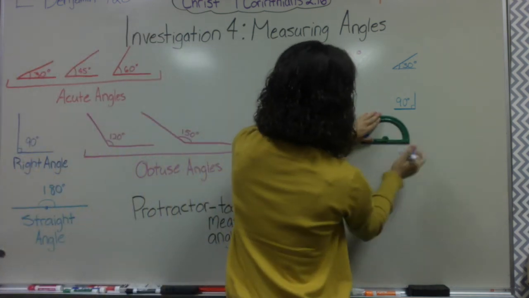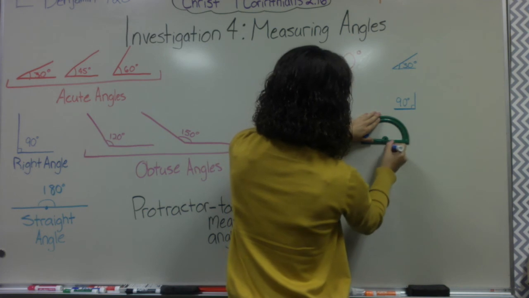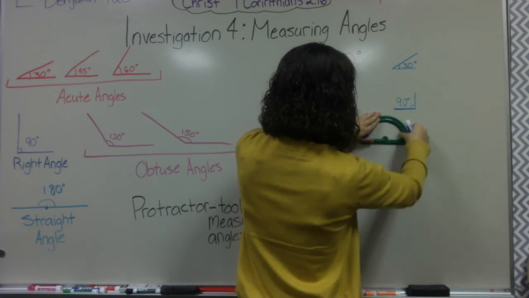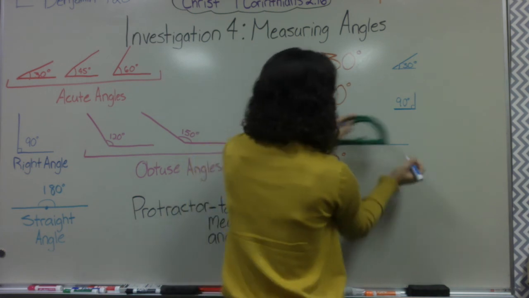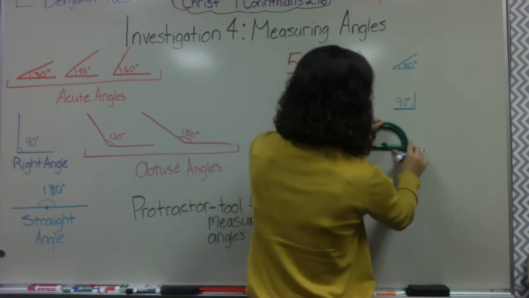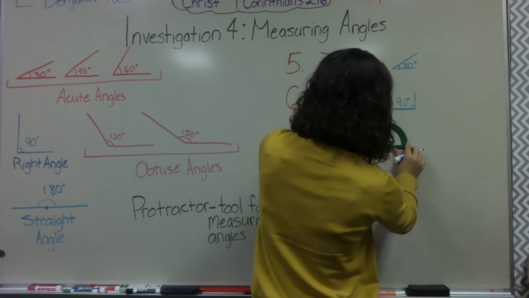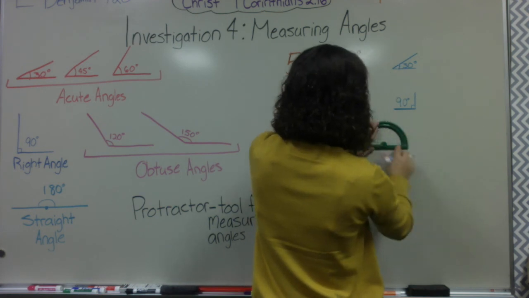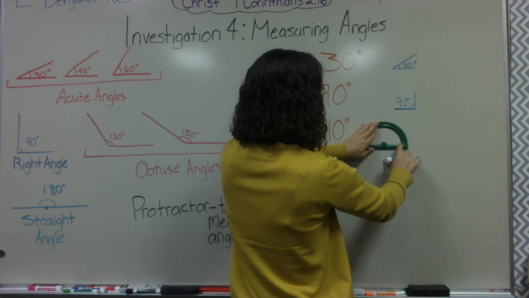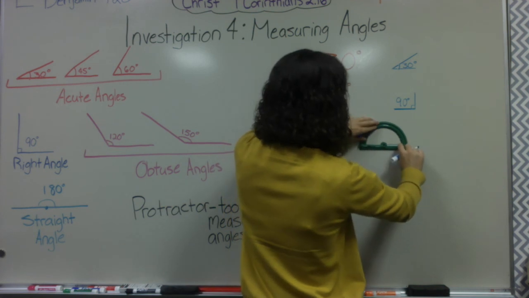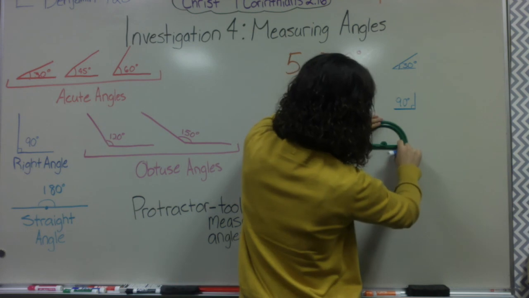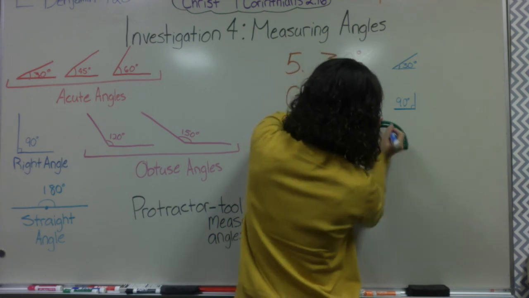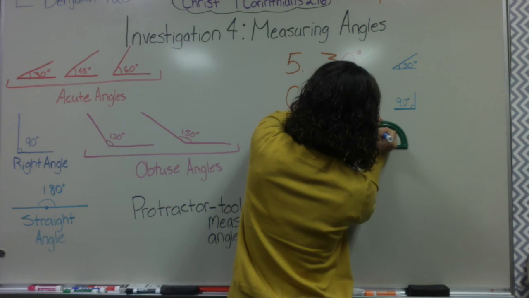Now 110. I'm going to draw my horizontal line. Now my segment is going to start right here in the corner, so this is where I'm going to put the center of my protractor. I'm going to find my zero point where I'm starting, and that's on my bottom row. Then I'm going to find my 110 on the bottom row, which is past the 90-degree point right here.